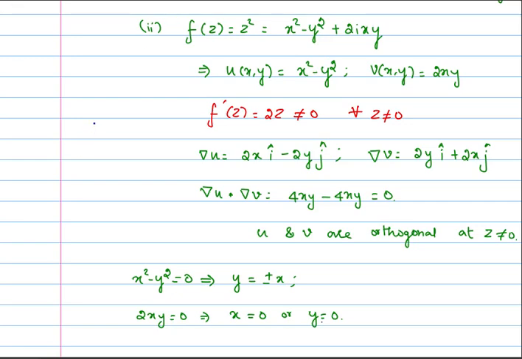So you clearly draw the graph. y equal to plus x means you will get this line. y equal to plus x. This is y equal to minus x.